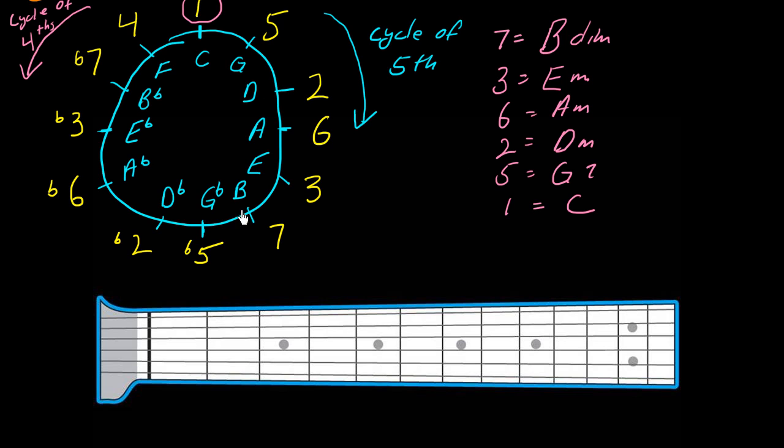So the way circle of fourths or cycles of fourths work on the guitar or bass. So let's just pick this note here. It's an E. This is kind of the music theory of how notes travel in fourths. On the fretboard, there's an easier way.